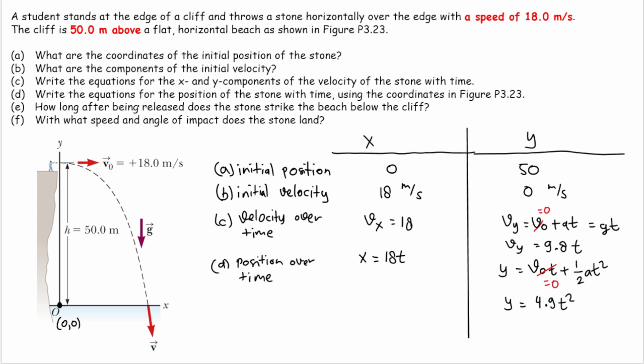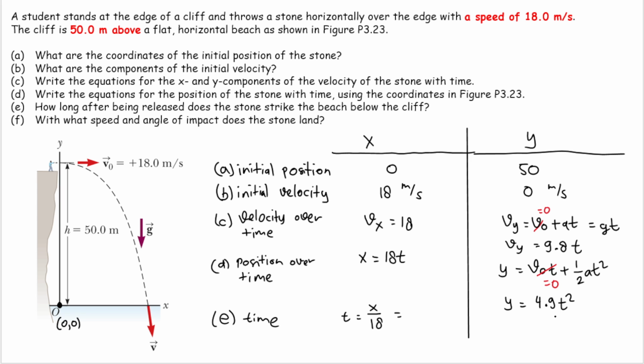And then how long after being released does the stone strike the beach below the cliff? So we need to find out the time here, right? We have x is equal to 18t, so t is equal to x divided by 18. But the x here is unknown.